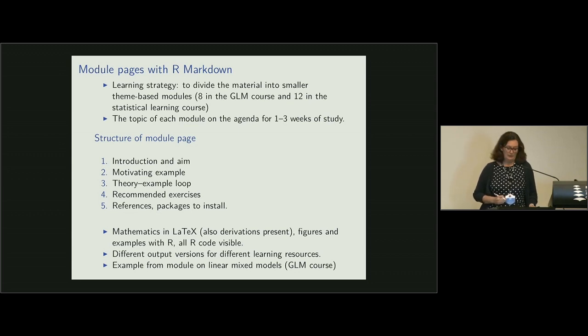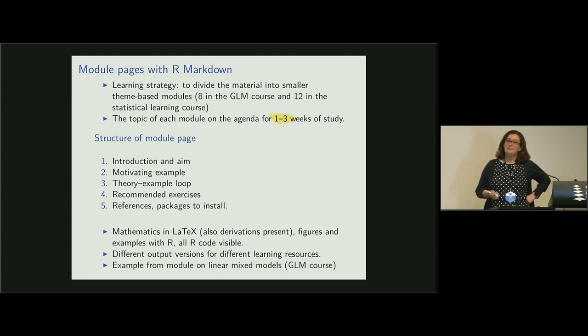Okay, so what I have been spending a lot of time on is making so-called module pages with R Markdown. For the courses, a useful strategy is to divide the material into smaller team-based modules. It could be chapters in the textbook, or topics like linear regression, Poisson regression, binomial regression, etc. For each module I have 1 to 3 weeks of study on the agenda.